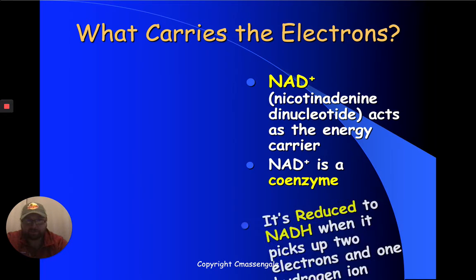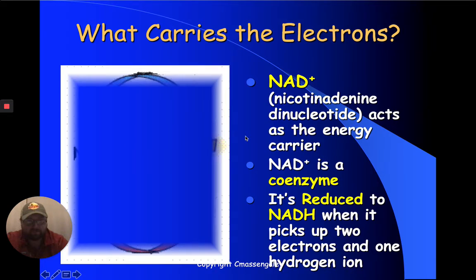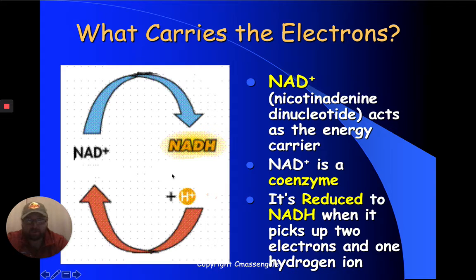Okay, so what we see is it's a coenzyme, and when we break down glucose, this molecule, the NAD+, is going to pick up a hydrogen, become NADH, because we added hydrogen, and it's going to pick up an electron. An electron has a negative charge, okay? And that negative charge cancels out the plus, and there's no charge over here.